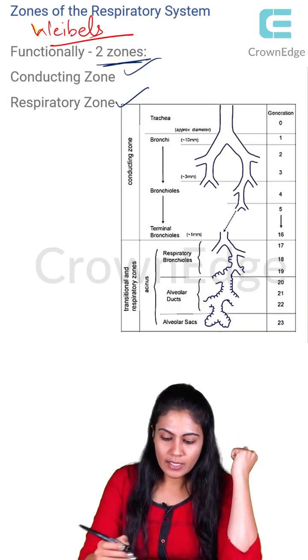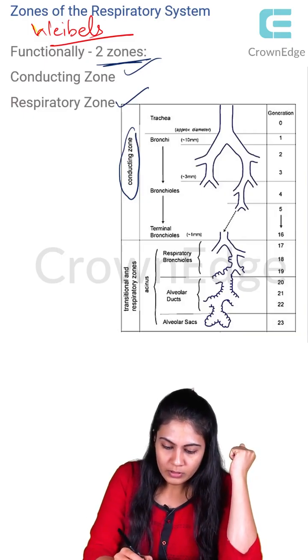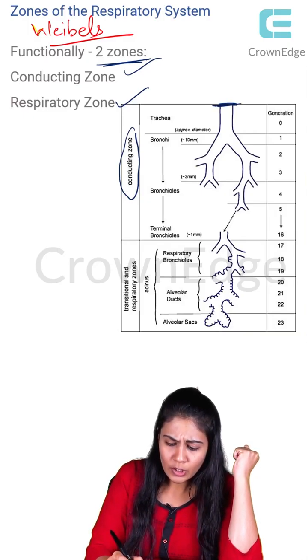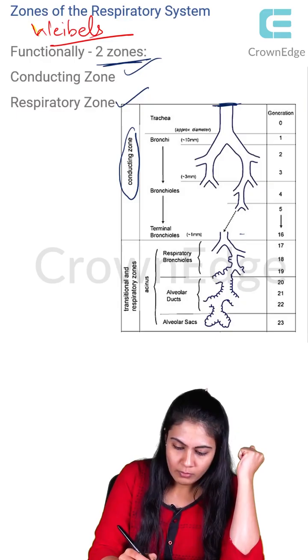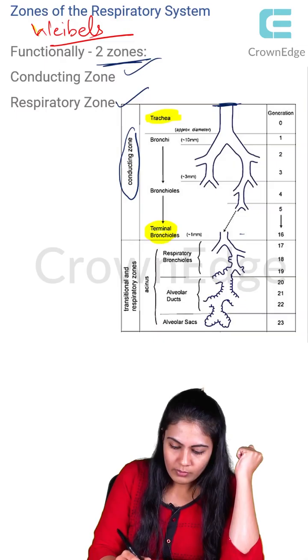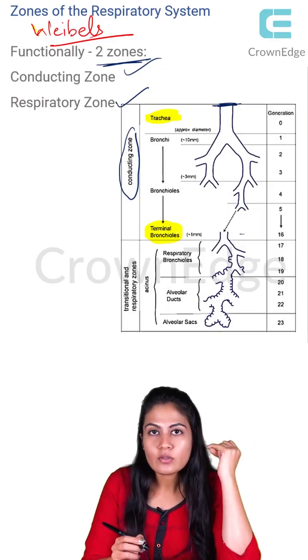So what is the conducting zone? You can see over here it is written from the trachea till the terminal bronchiole. Whatever divisions are there from the trachea till the terminal bronchiole is known as your conducting zone, right?